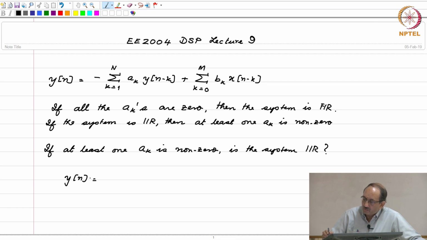So, let us consider y of n, and what this system is going to do is take N contiguous samples, average them and then give out one number. Therefore, y of n is 1 over N times the sum of x of k, k goes from n minus capital N plus 1 to n. So, this is the input output relationship.